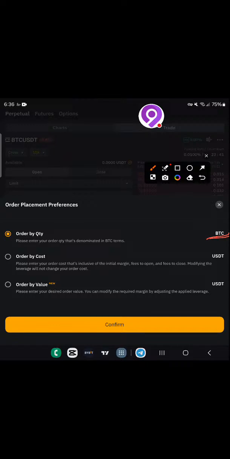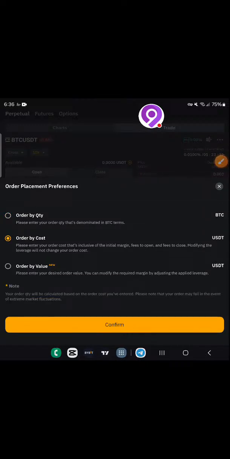You can set your margin based on leverage, usually called order by value. The next one will be order by cost. This is my favorite. I usually recommend this for my traders. Order by cost.